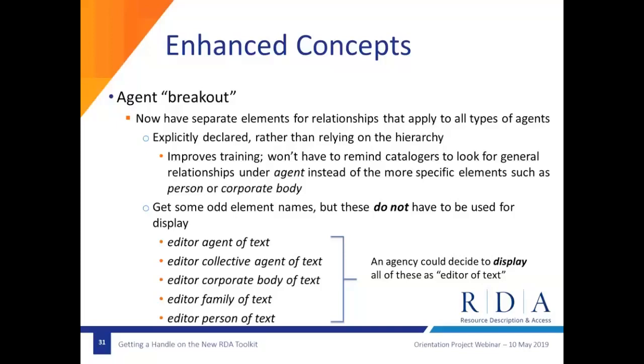And I want to emphasize that you do not have to do that. So for all of these on this slide, you could decide to display all of these as editor of text rather than editor agent, editor collective agent, and so forth. That's something you can manage in your application profile. And definitely you're going to want to work with your vendors about the capability of doing that.